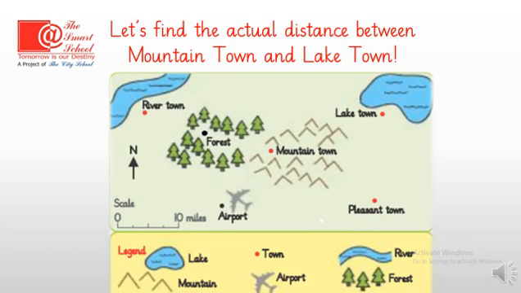What we are going to do is find the actual distance between mountain town and lake town. First of all, let's see this map and read it with the help of its legend. This is the legend of the map. What is this?